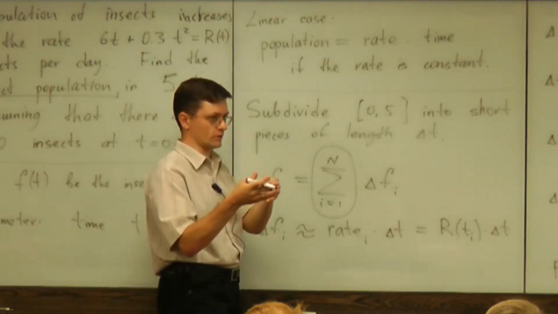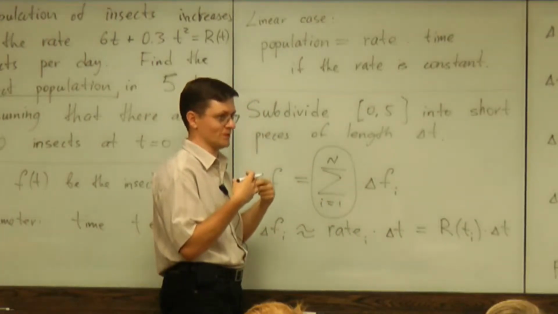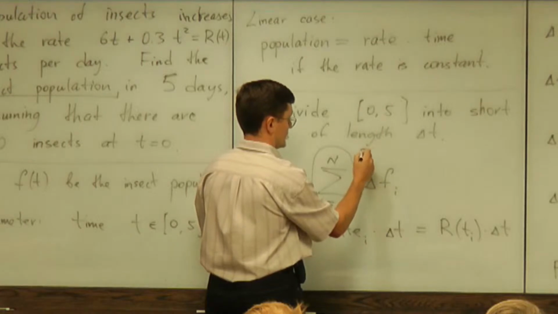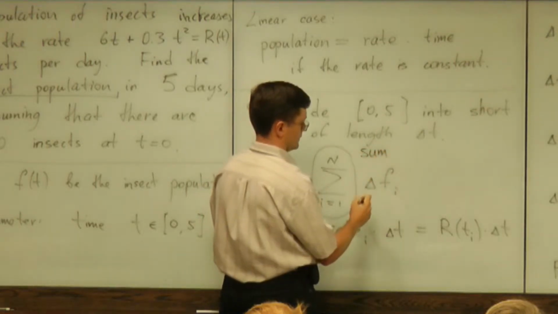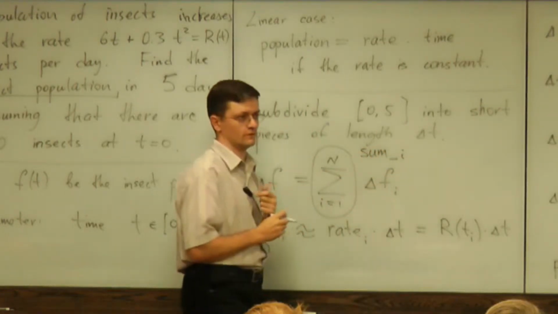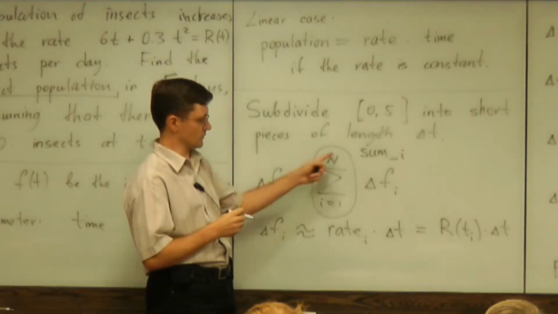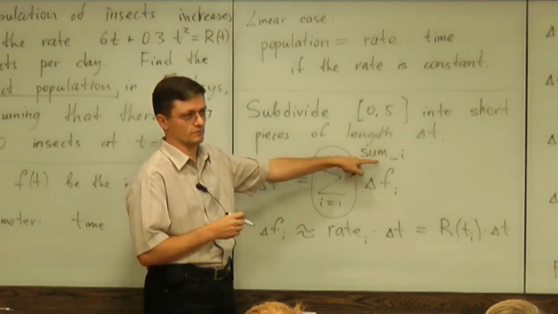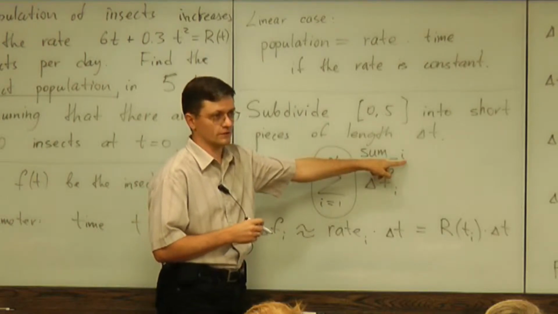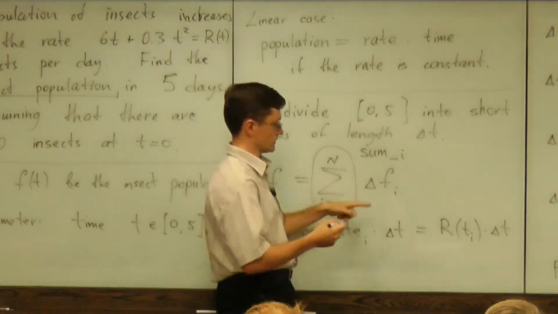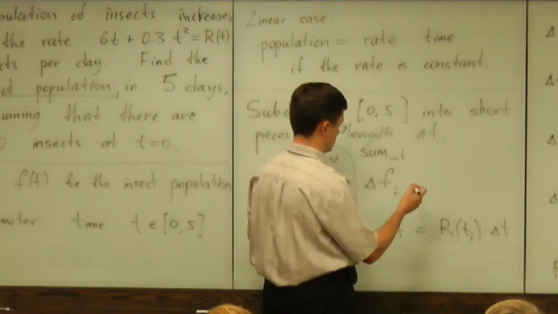Since your explanations are going to be for me, for a human being, typing something like sum underscore I would be quite enough for me to recognize that you mean summation over index I, and then whatever you want to add.